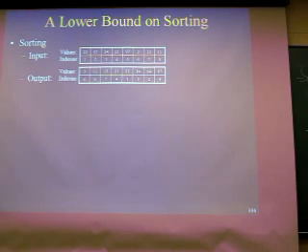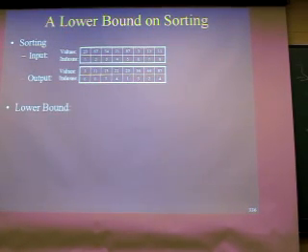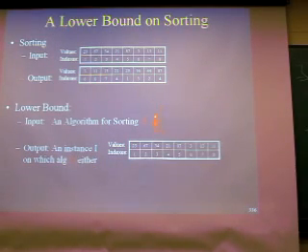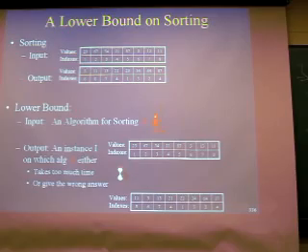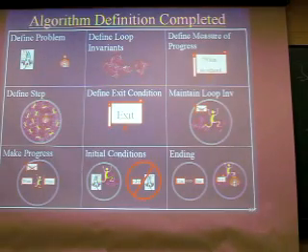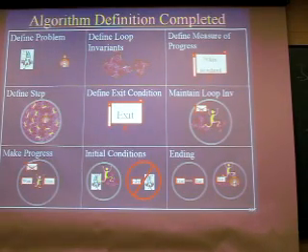And for the lower bound, as I said, we're given this algorithm as an input, and the output is going to be an input which the algorithm either takes too much time on or gives the wrong answer. And we're going to use loop invariants to describe what I do.